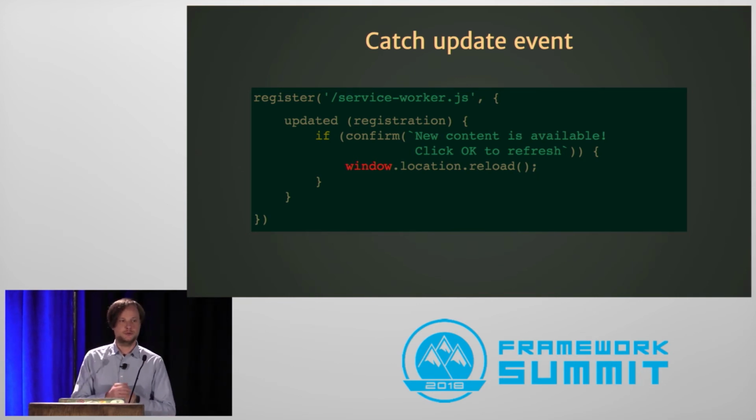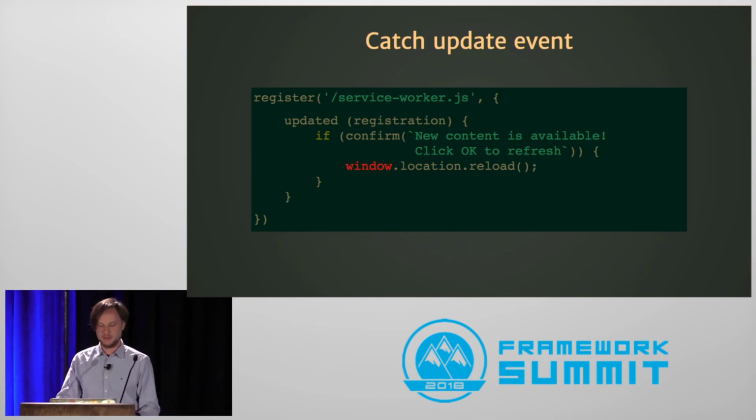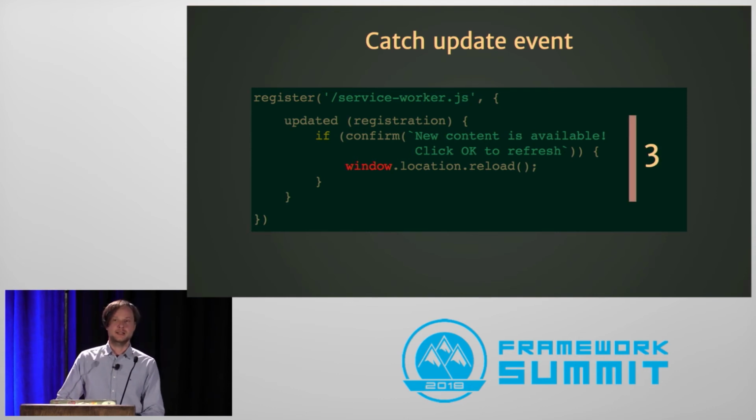Do you really want to explicitly update it now? And this is where we have step number 3 of app shell. So now we have the full flow of application shell covered by our framework-agnostic, flexible and still integrated solution.